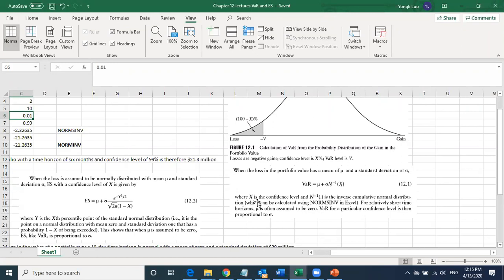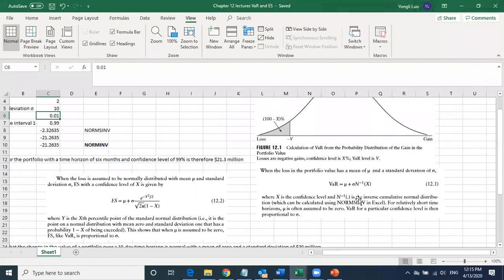So x is the confidence level. And the N inverse is the inverse cumulative normal distribution. Okay, so this one you can calculate in Excel. You cannot do it handily by hand.